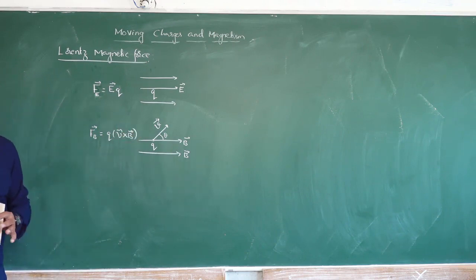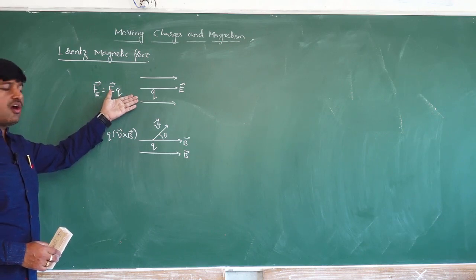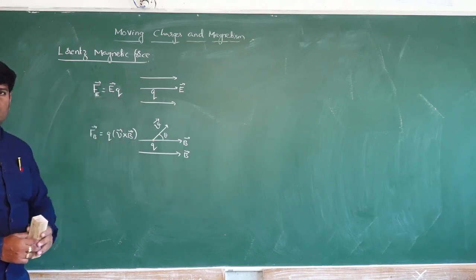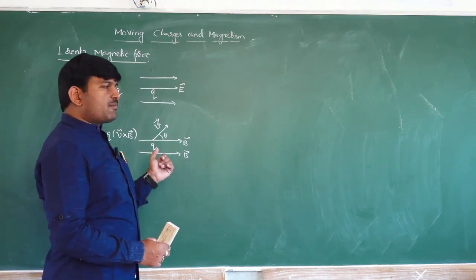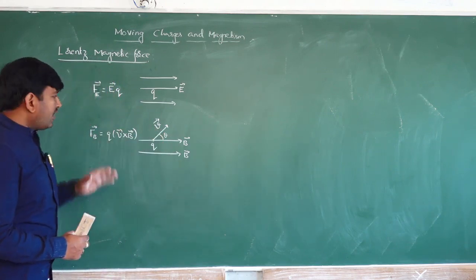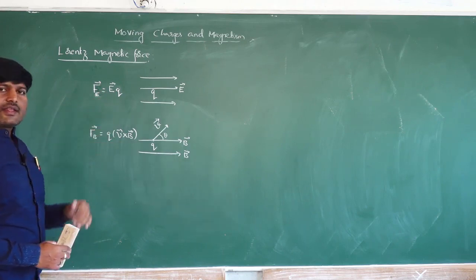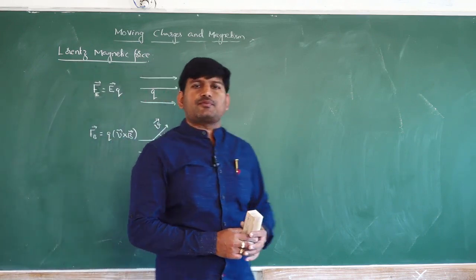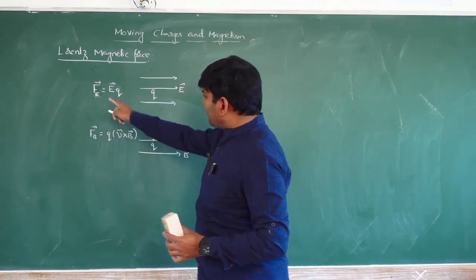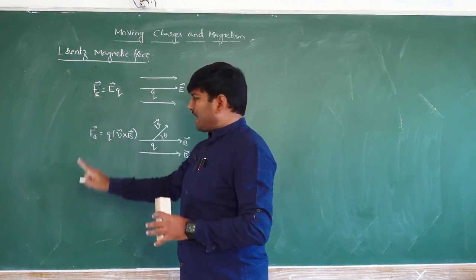Now, suppose the charge is not present alone in the electric field or alone in the magnetic field. If it is present in the combined electric and magnetic field, what is the net force experienced by it? It can be obtained using the superposition principle. Here this is the electrical force when it is in the electric field, and this is the magnetic force when it is in the magnetic field.